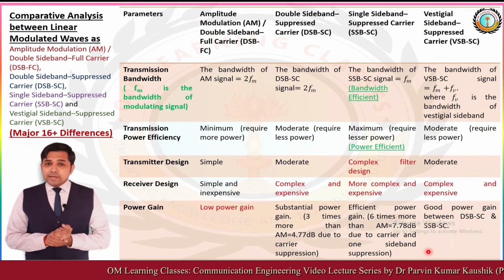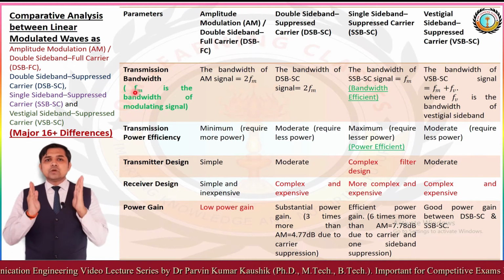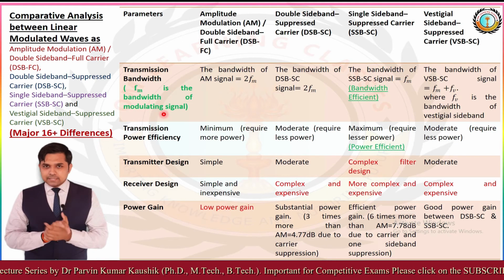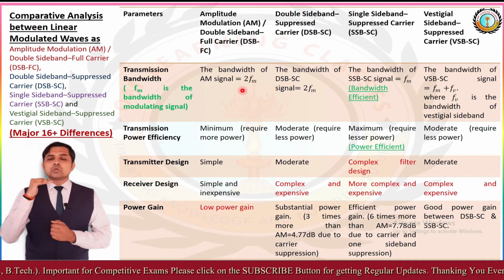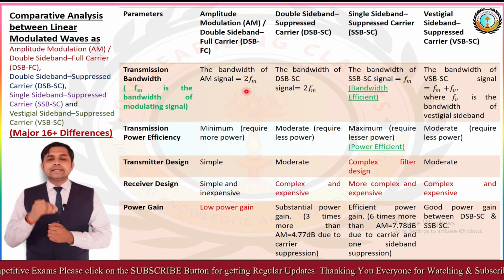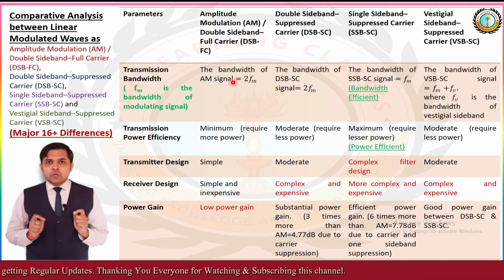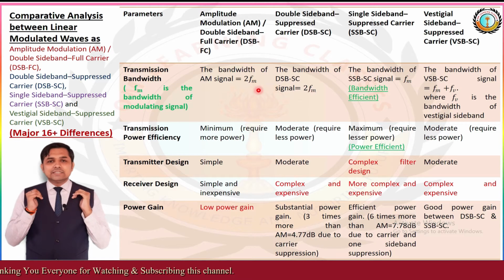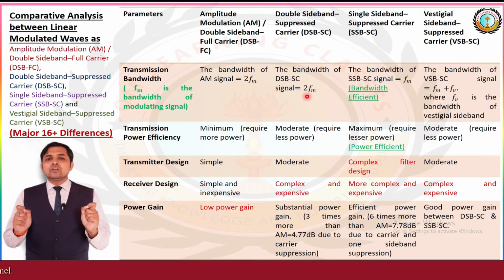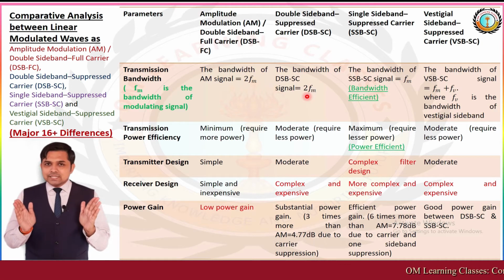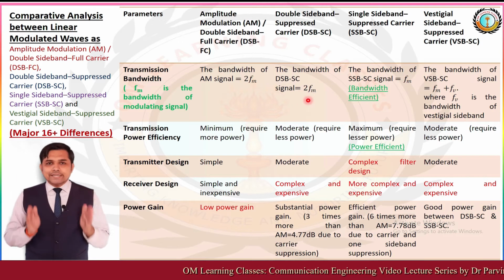Now we have another parameter, that is our transmission bandwidth. Here fm is the bandwidth of the modulating signal. For DSB full carrier, we have 2 times the modulating bandwidth, that is equal to 2fm. In DSBSC as well as DSB full carrier, the bandwidth is equal to 2 times the maximum frequency of the modulating signal, or 2 times the bandwidth of the modulating signal.